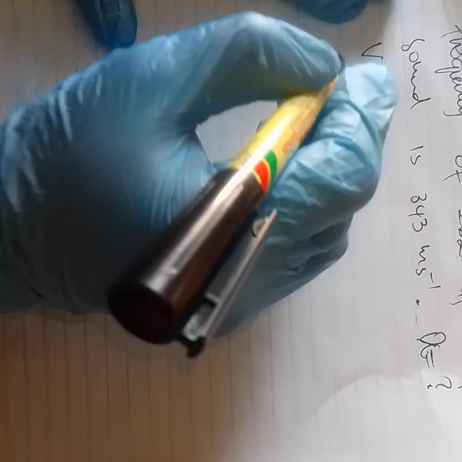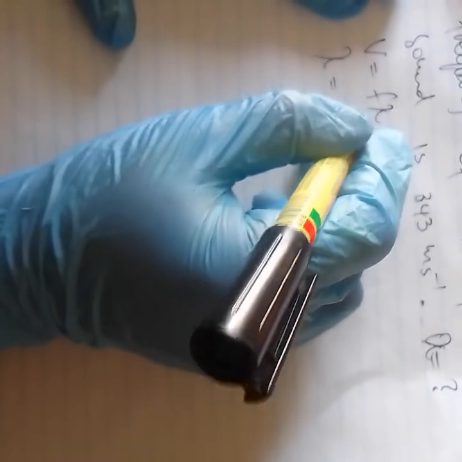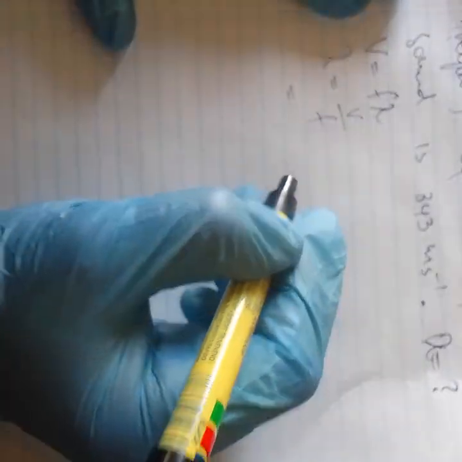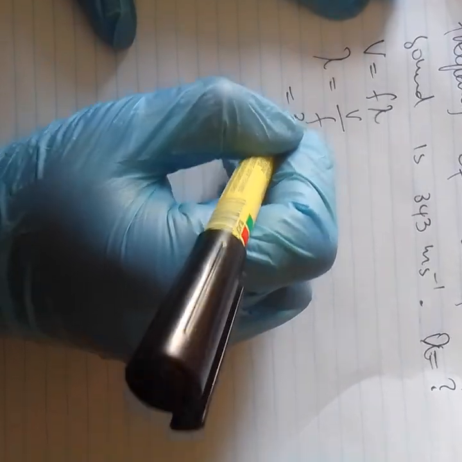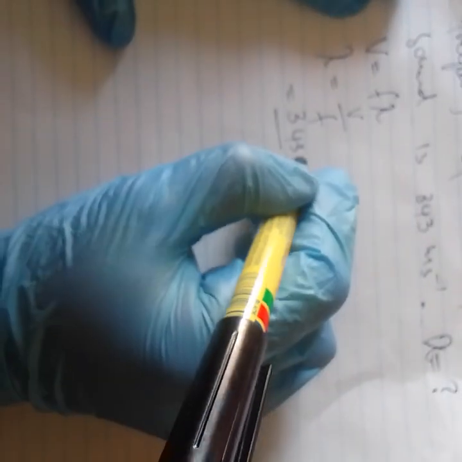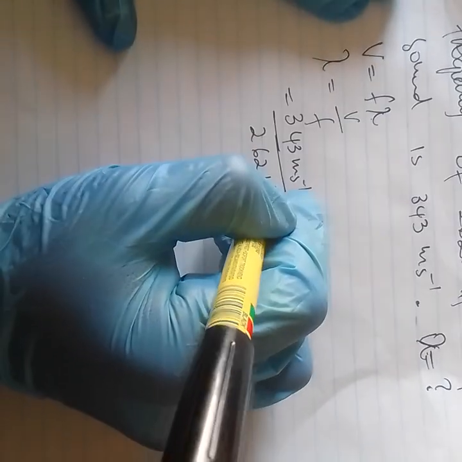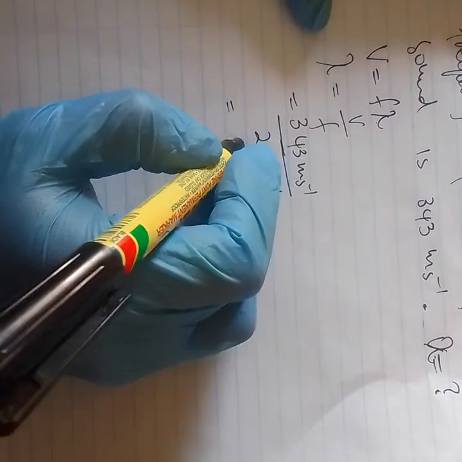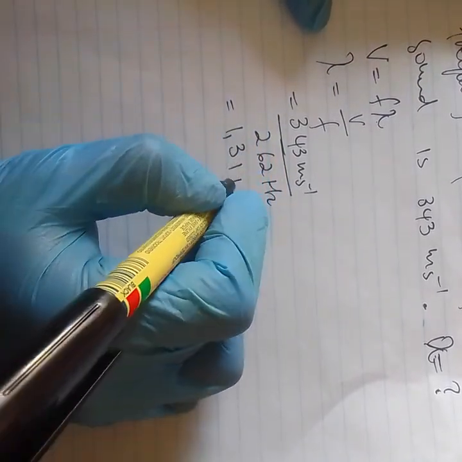The wavelength of this middle C is lambda equals velocity over frequency, which is 343 meters per second divided by 262 hertz. This gives us 343 over 262, so the wavelength is 1.31 meters.